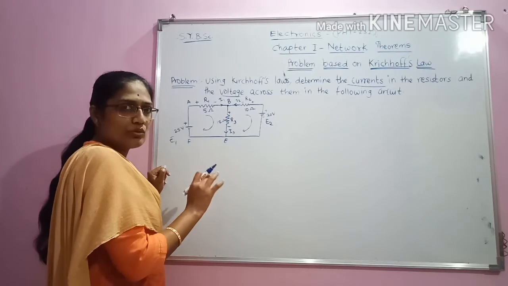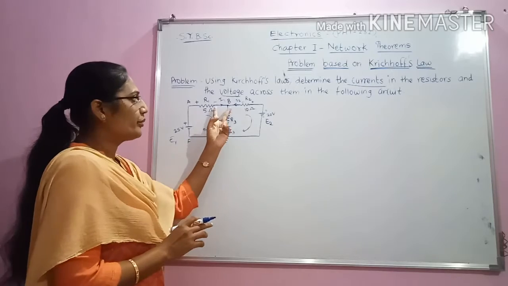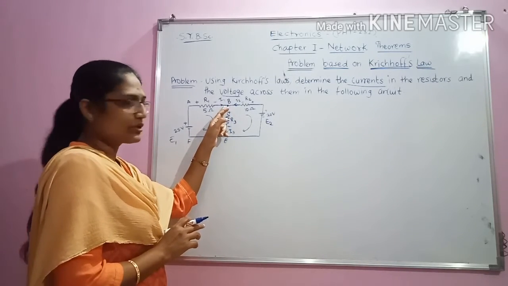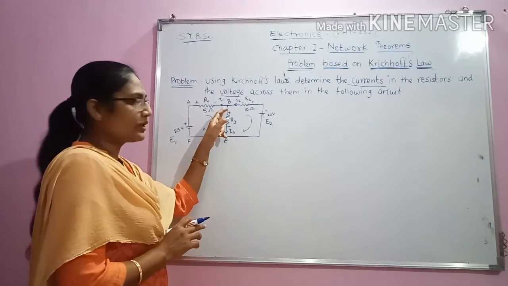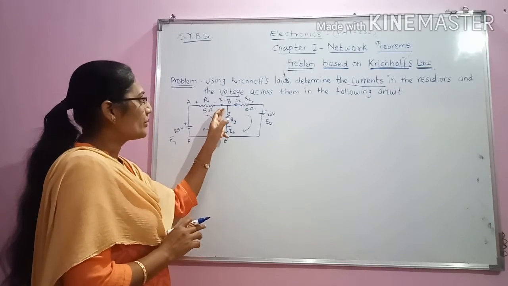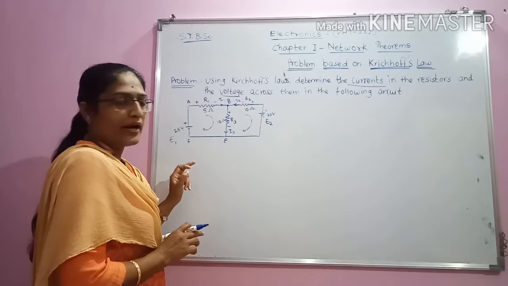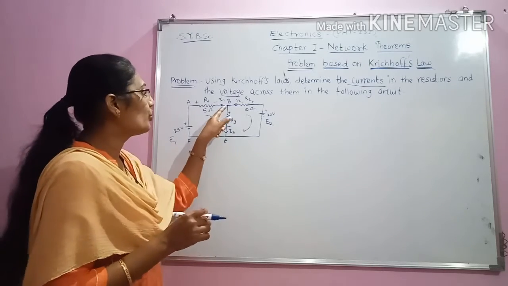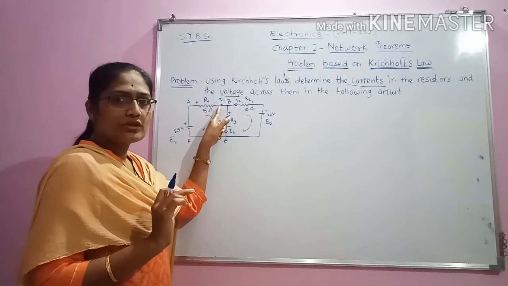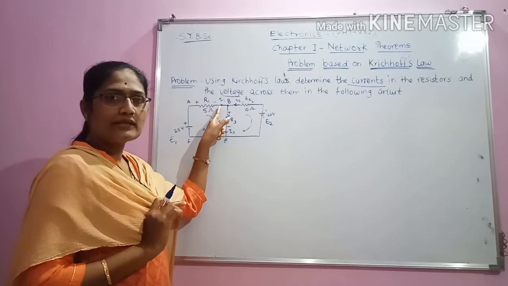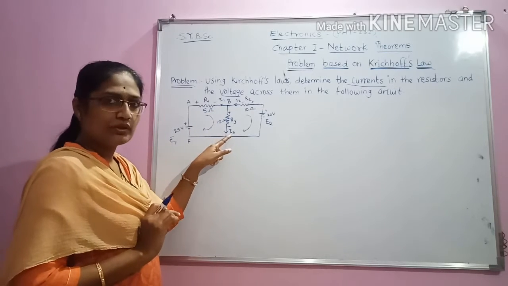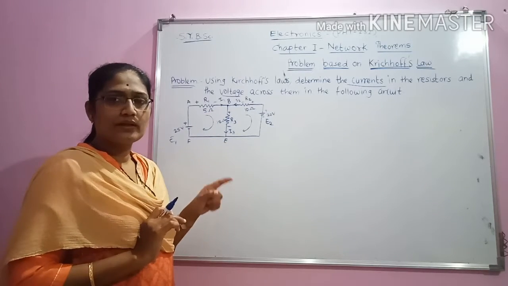It is also stated as the algebraic sum of the currents at a junction in a network is equal to 0. And there is one sign convention: if the currents are coming towards the junction, they are considered positive, and if current is moving away from the junction, it is considered negative.